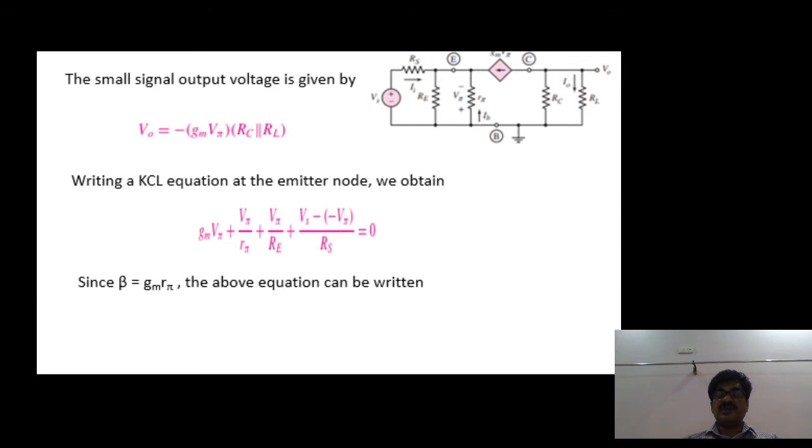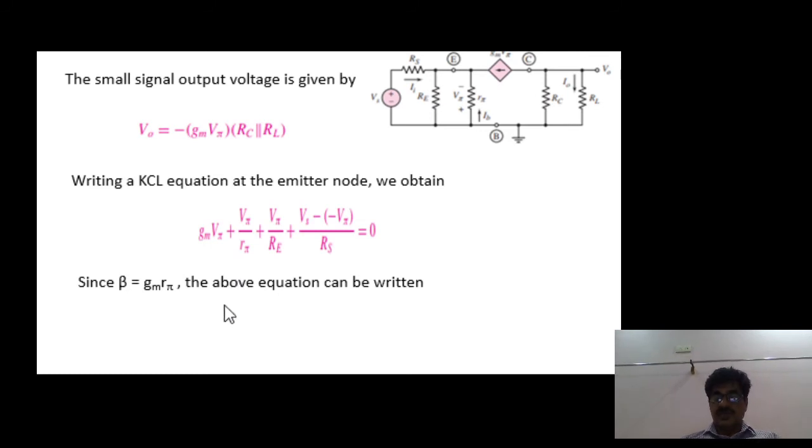So here beta V pi by R pi plus V pi by R pi, both terms are there with V pi by R pi. Therefore if you take V pi as common, it becomes 1 plus beta divided by R pi.